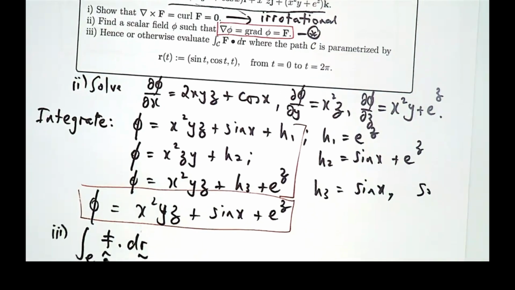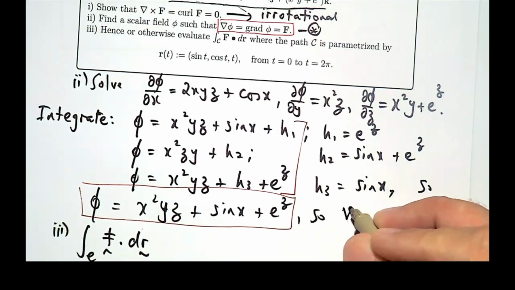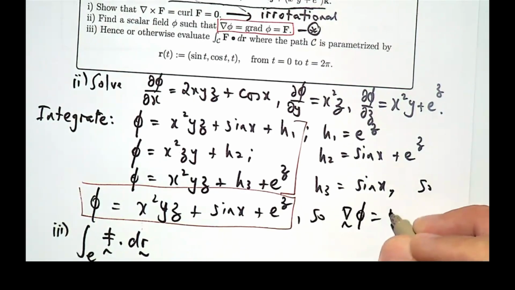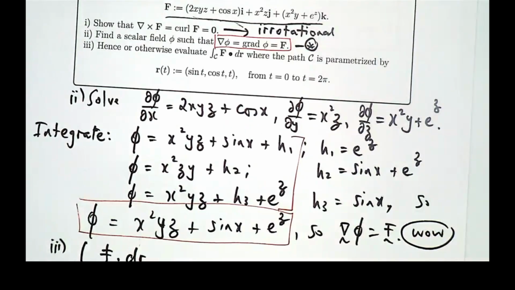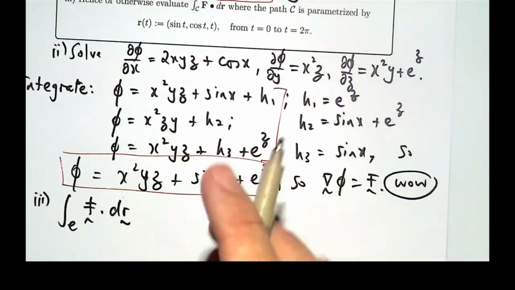Because f is the same as the gradient of something, it makes a huge difference in the calculations. Let me show you.